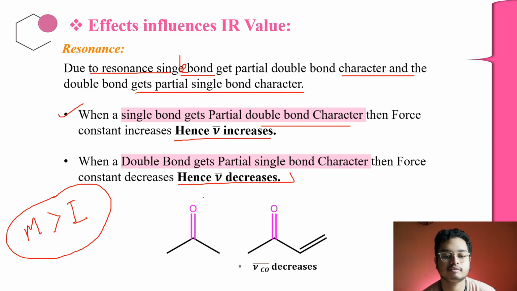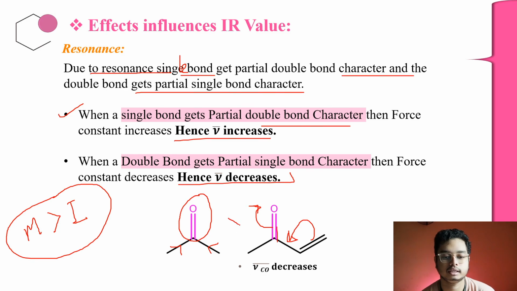Now here you can find that this is the free carbonyl group. This free carbonyl contains only the inductive effect. But here, due to the presence of this alpha beta unsaturation, the electrons can go here and here. So this carbonyl group now has partial single bond character. That means the nu bar decreases because the force constant is decreasing here.